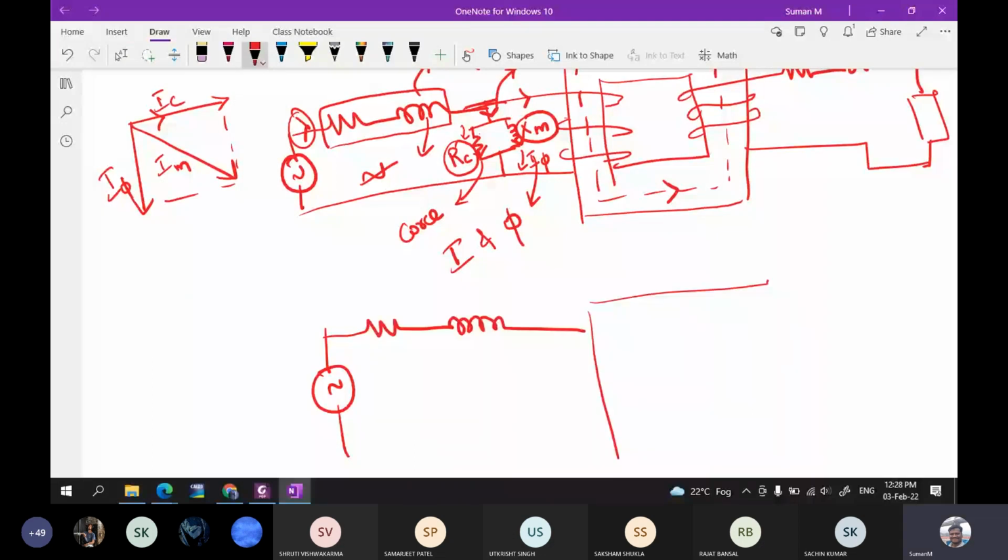So this is our complete transformer part.